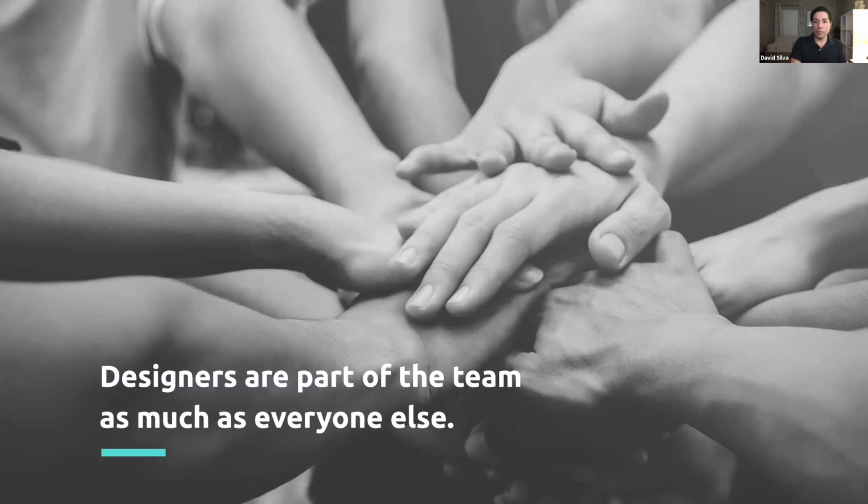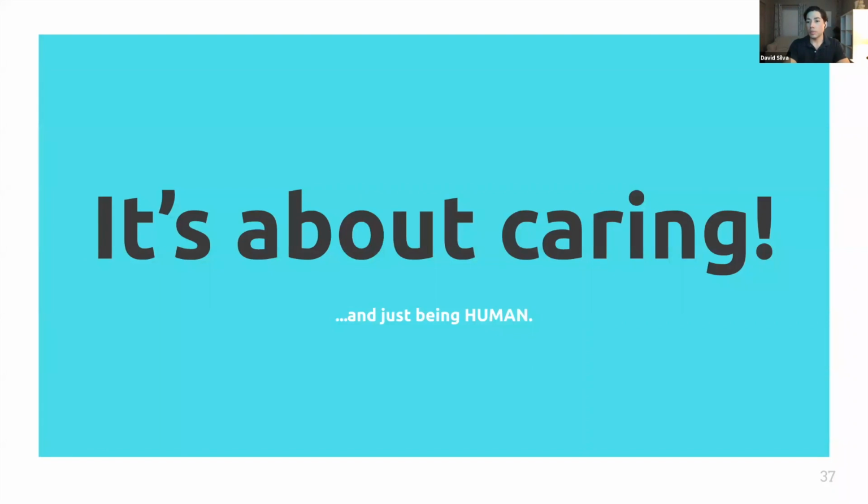Sometimes it's a matter of defending your designer's decisions and how they approach a project. Sometimes it's about advocating with the business for doing something different or for the way they did it. Sometimes it's about mentoring, sometimes about motivation. But I think most importantly, it's about caring, and about being human for your people.